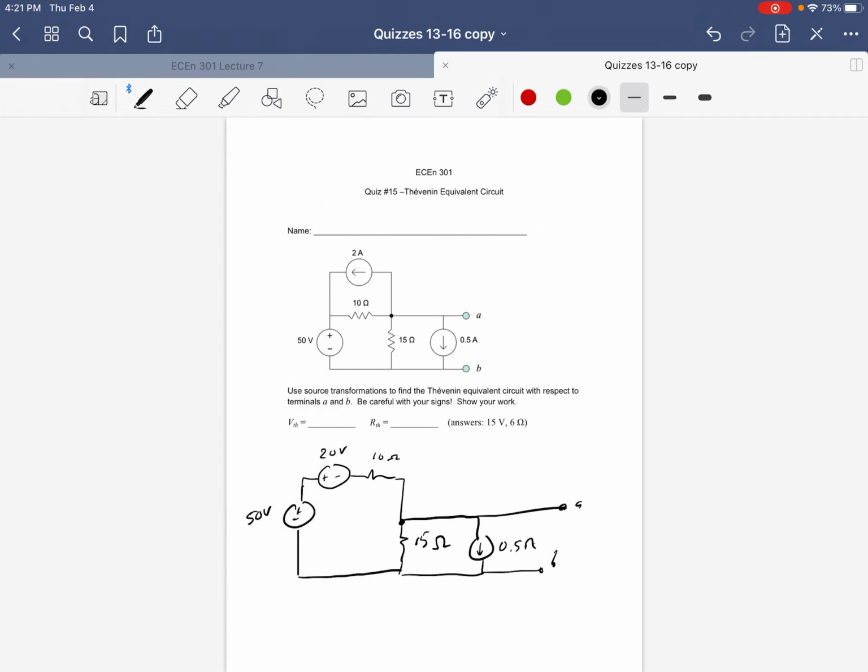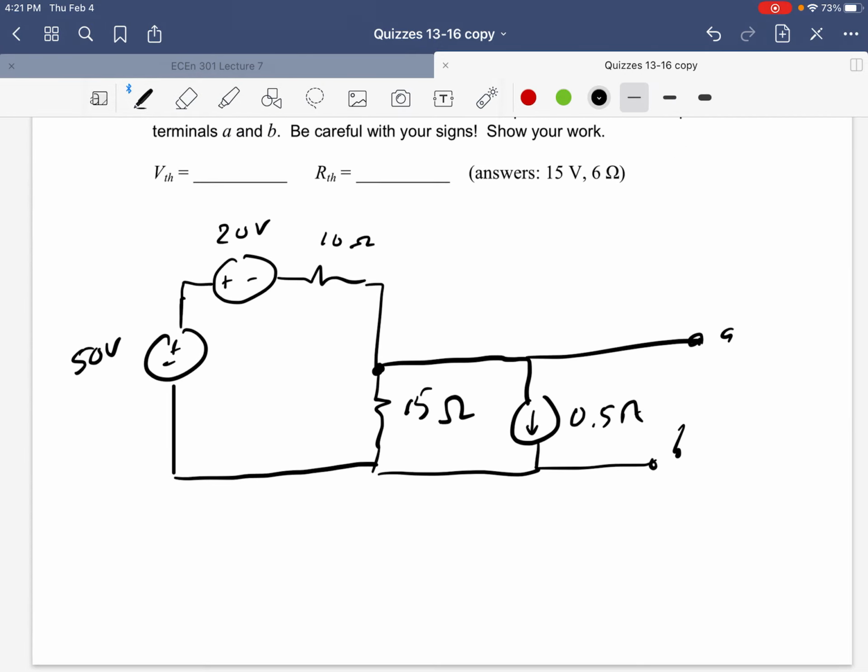So maybe I'll go down here and zoom in a little bit.